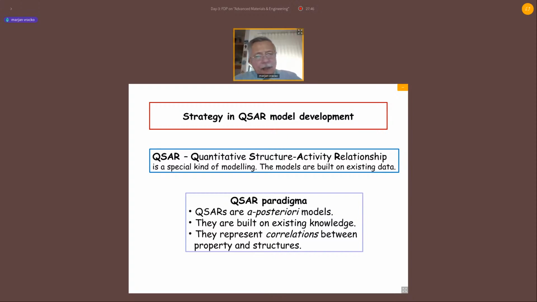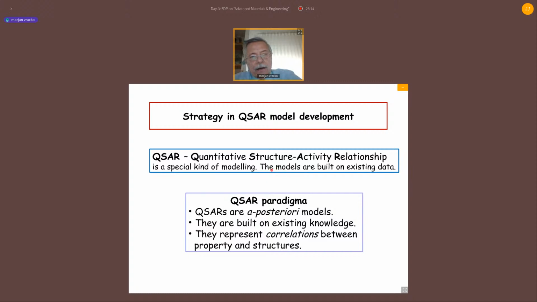So I will present some views about the strategy of QSAR model development. QSAR is an acronym. Acronym means quantitative structure activity relationship, and this is a very special kind of modeling.